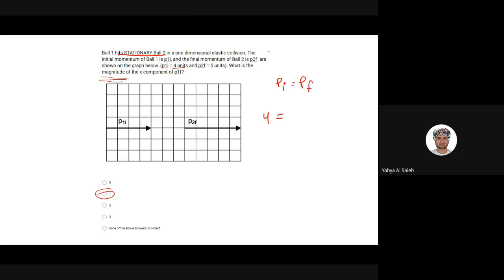We know the final momentum of P2 is plus 5, and we don't know what P1F is. The only way the left-hand side is equal to the right-hand side is if P1F is equal to minus 1. Right? Minus 1 plus 5 is equal to 4. Now, since the question asks for the magnitude, the magnitude of minus 1 is equal to 1. And hence the correct answer is 1.